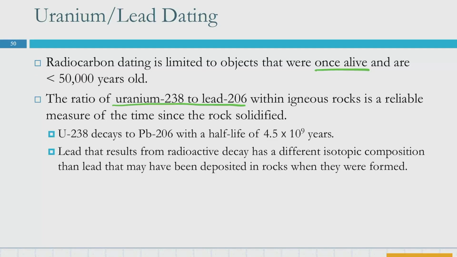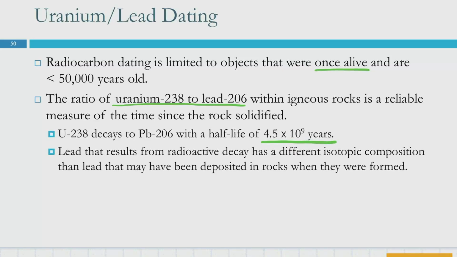Something like that. I'm not a geologist. So uranium-238 decays to lead-206 with a half-life of 4.5 times 10 to the 9 years. 4.5 billion years. So that'll last a lot longer. We can get much better results from that.